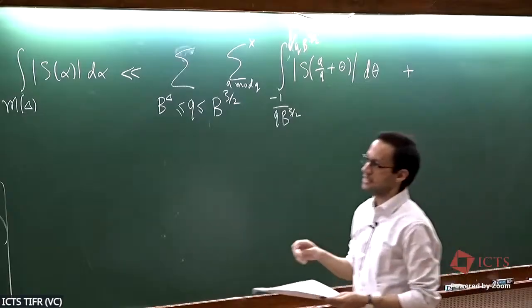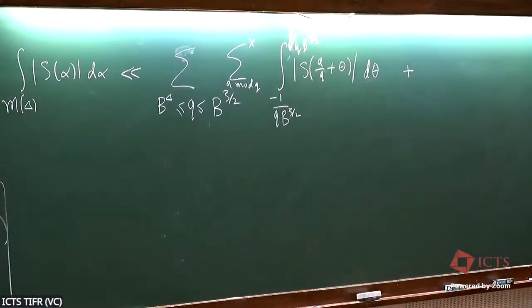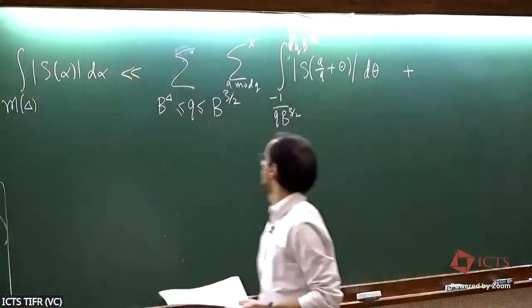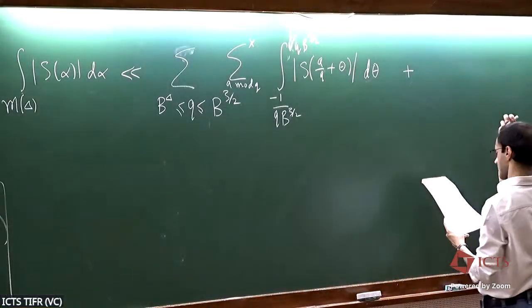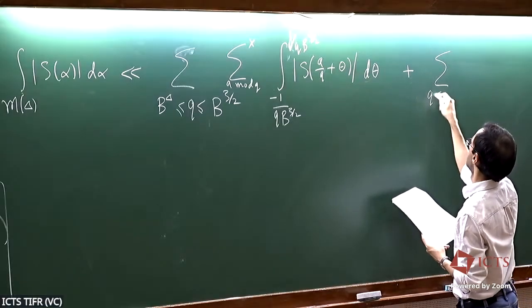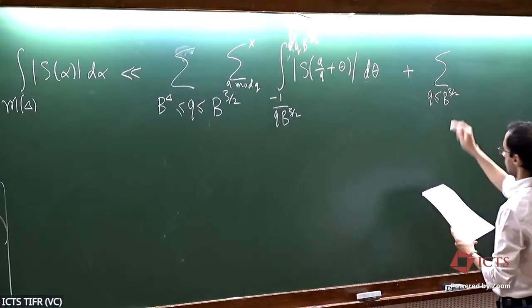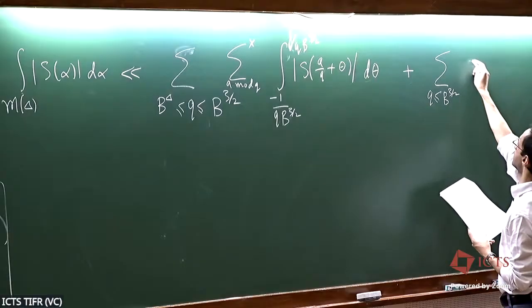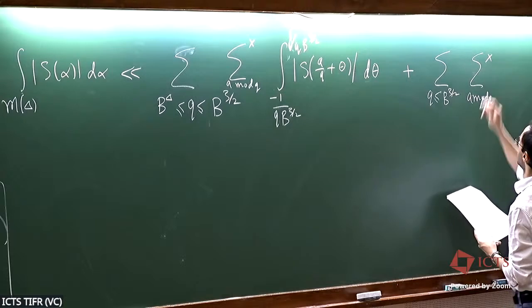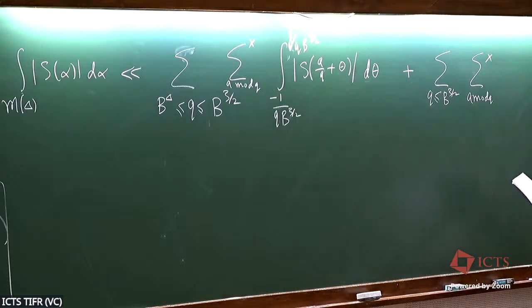So the major arc happens when Q is less than B to the delta and when you're around that. Right? So you have to take, on the other hand, the contributions where Q can be anything, and you sum over all of these A's modulo Q, and how big can theta be?